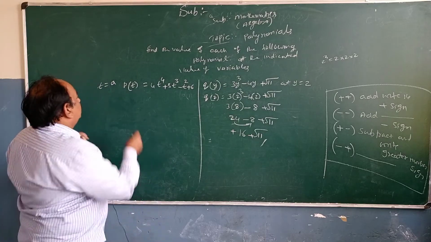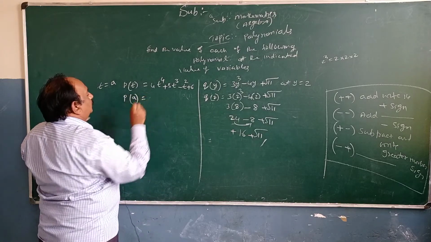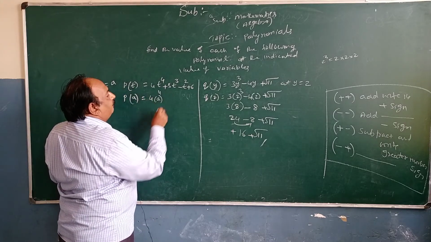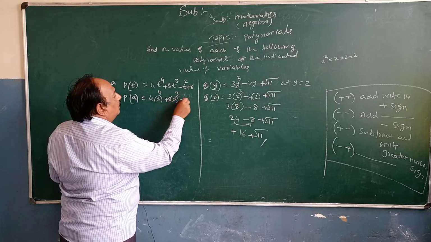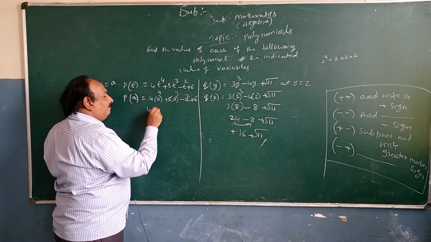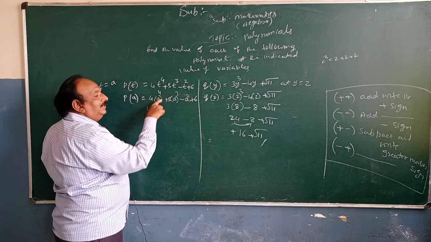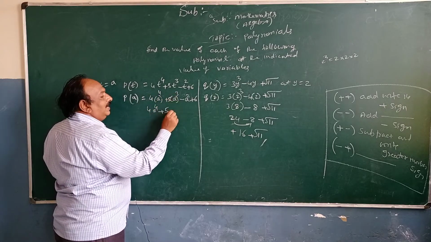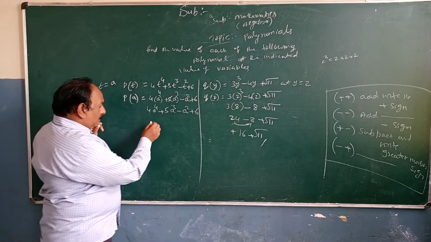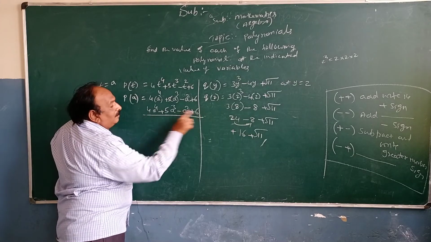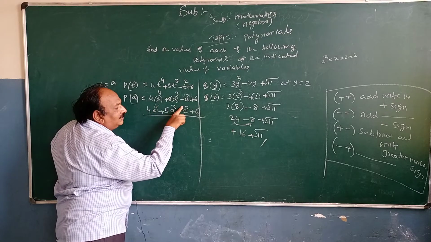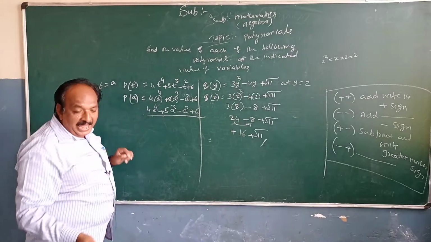Polynomial of a is 4 into a to the power of 4, 5 into a cube, minus a square plus 6. Here also the very important thing is that these cannot be added because these are all unlike terms. This is a to the power of 4, this is a cube, this is a square, this is a constant term, the value is as it is.